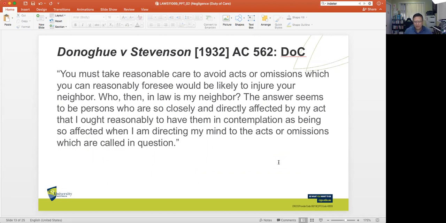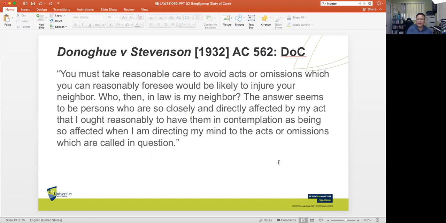And the House of Lords in this particular case ruled that on the basis of tort, that friend to whom a ginger ale was supplied could proceed against the bar owner, because the House of Lords said that you must take reasonable care to avoid acts or omissions which you can reasonably foresee would be likely to injure your neighbor.